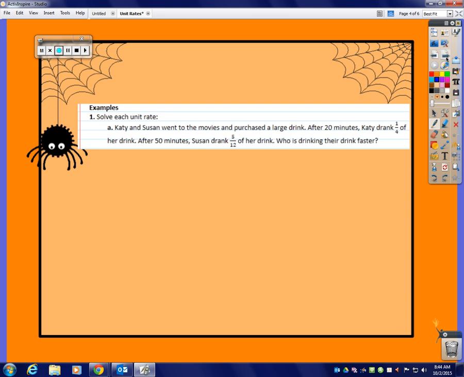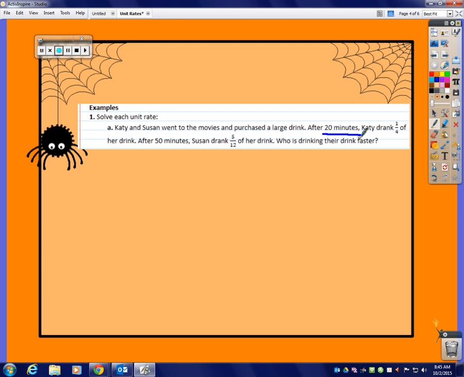their drink faster? So we're setting up a rate, and this rate is going to be the amount they drank per hour. But we have a problem because this is in minutes. Well, think about how many minutes are in an hour.